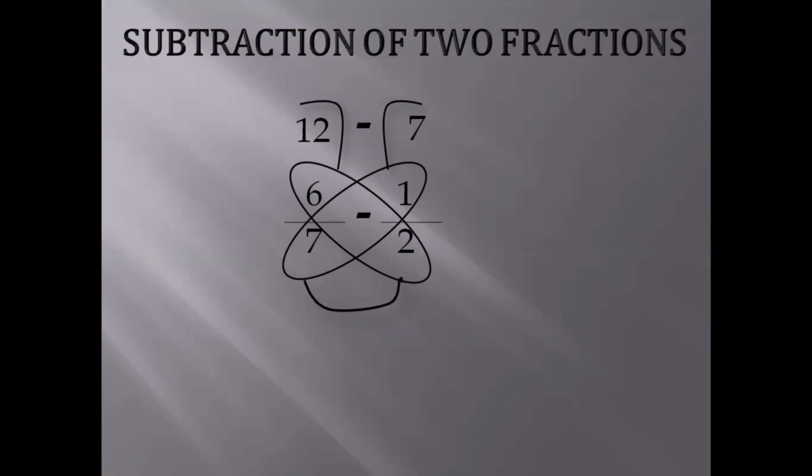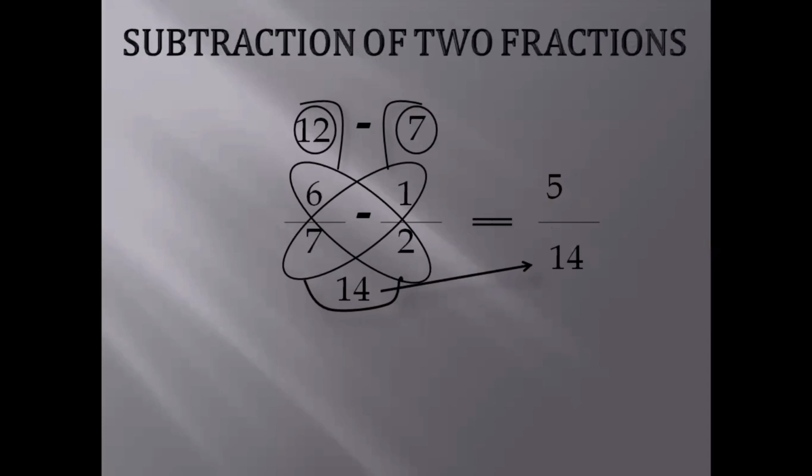Then this 7 and 2, both denominators should multiply. 2 times 7 is 14. Now 12 minus 7 is 5, over 2 sevens are 14. That 14 should be taken here. Then this will be 5 over 14.